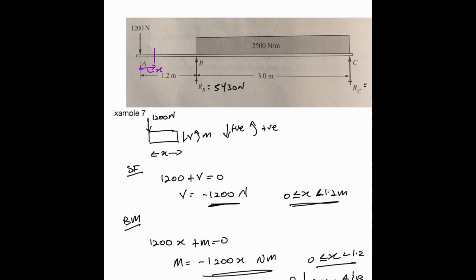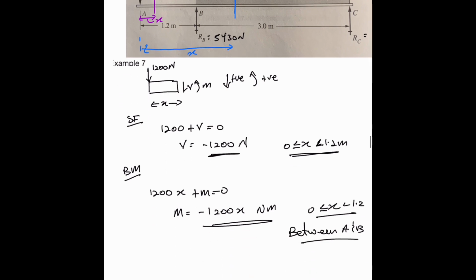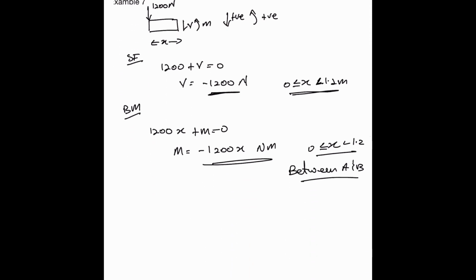The next thing we want to do is break the beam after B, because we have this UDL here. For this region now, this will be x. So we could draw this. Let's shade a little bit here so we can identify the part of the beam.